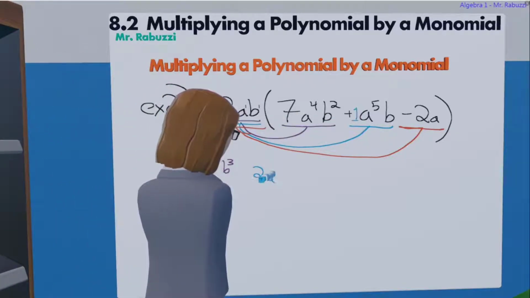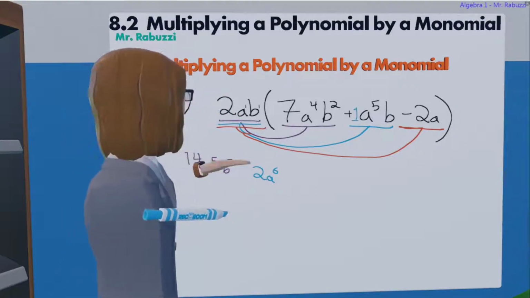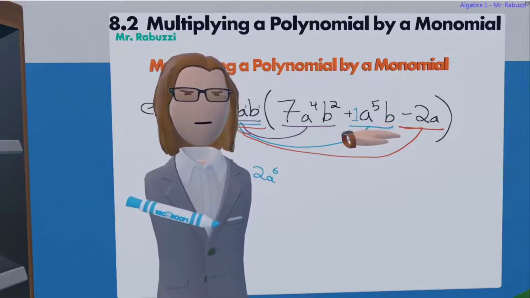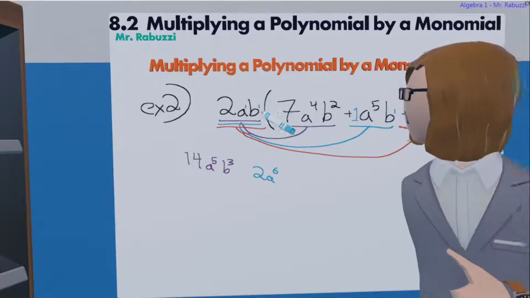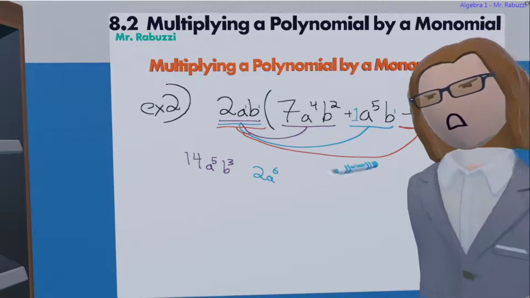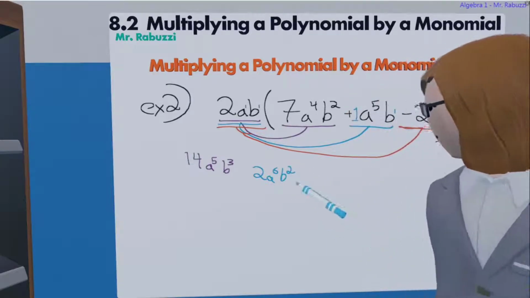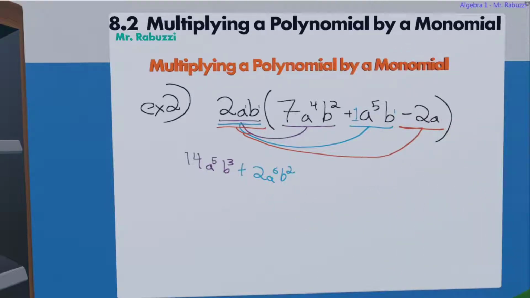Add the exponents to get a to the sixth. Alrighty. B to the first times b. Now this b, it's got an empty exponent, which means it's an invisible 1. So b1 plus 1, which is b squared. Okay. Now this whole term was positive, so we're going to put a plus in front of it.